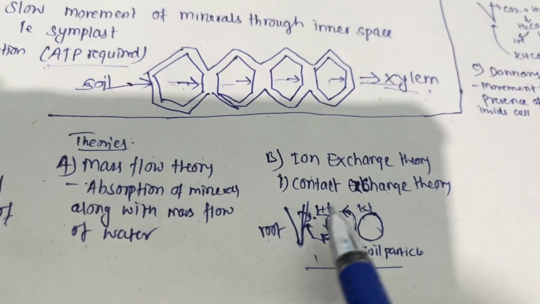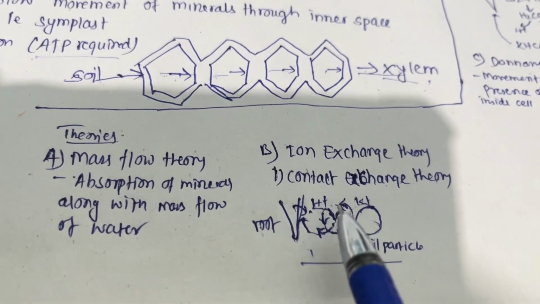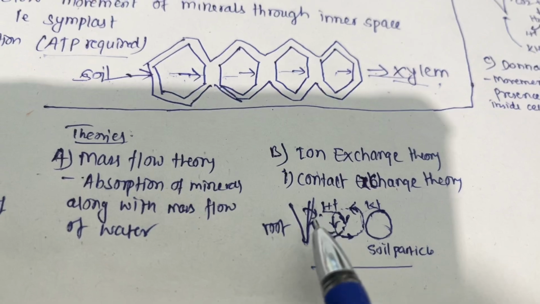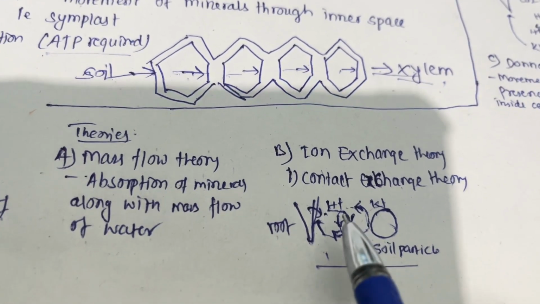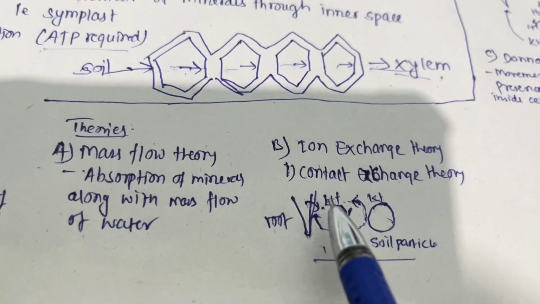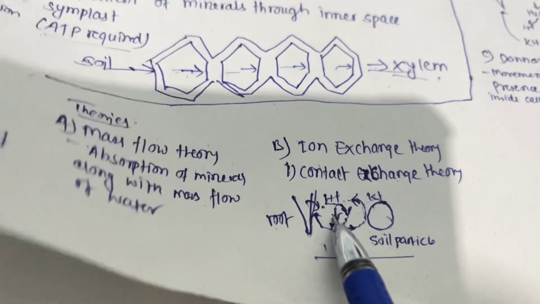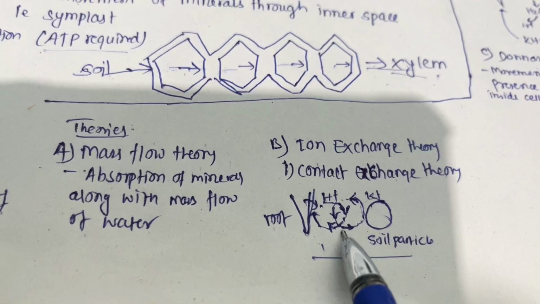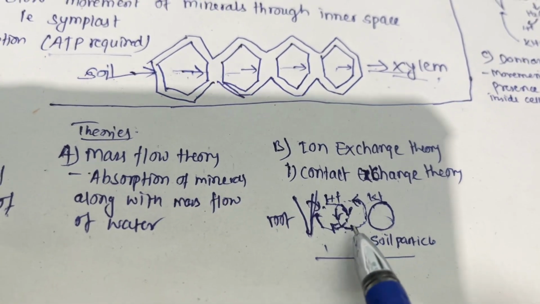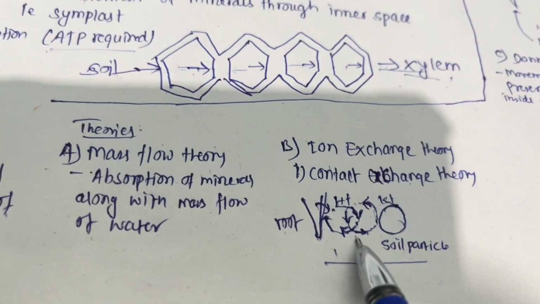During this process, a phase will come when these paths will coincide with each other, and when they coincide, the hydrogen ion from the root will exchange with and go into the path of the potassium ion.